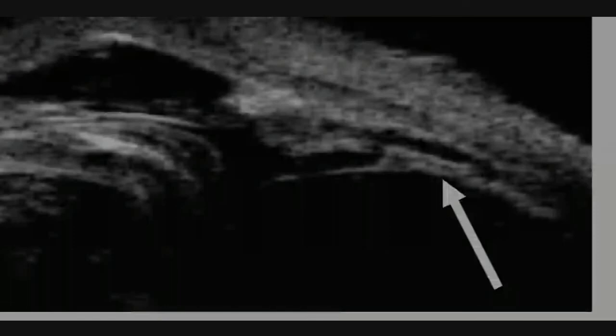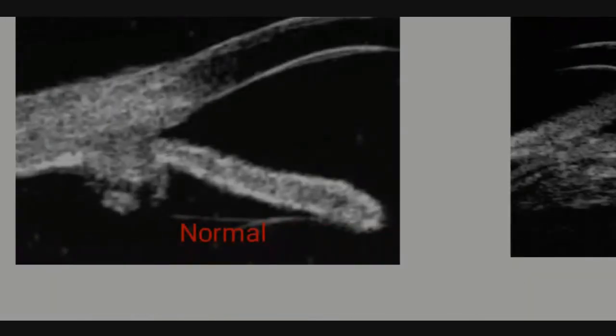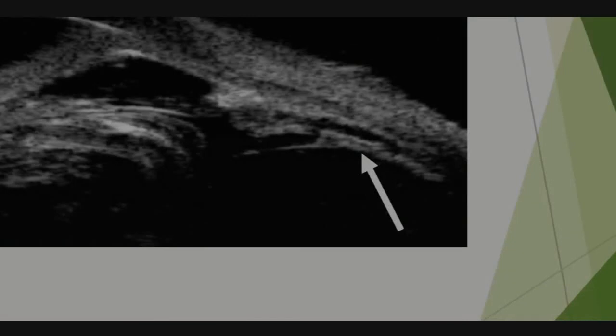The white arrows are the membranes. In normal cases, you will not see the membranes. You can see the difference. These are PP membranes. Thick PP membranes, but sometimes they are very thin, like the zonule we saw. Sometimes it will be just like the zonule. So based on that, we will write whether the membranes are present or not.